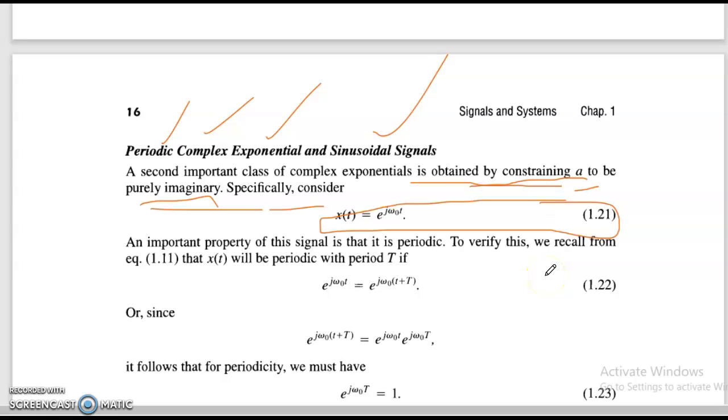An important property of this signal is that it is periodic.